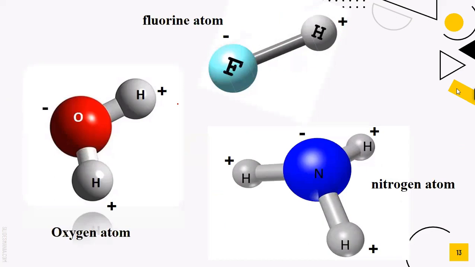Hydrogen bonds only form between hydrogen atoms that are covalently bound to an oxygen, nitrogen, or fluorine atom. Hydrogen bonds are also important in the structure of proteins and nucleic acids.